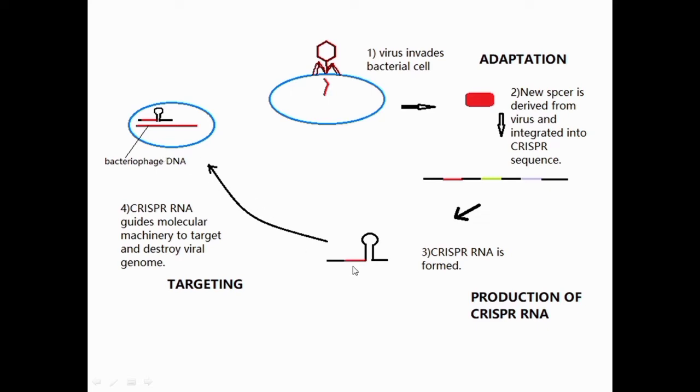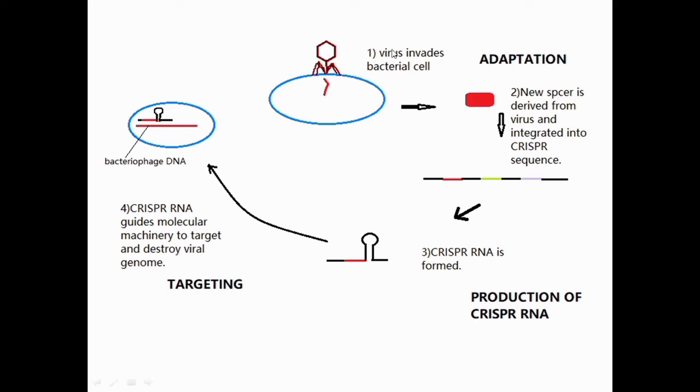So that's why it will show complementarity with the DNA of that bacteriophage, and it will go and bind to that bacteriophage DNA, and with the help of certain types of proteins, the bacteria will destroy this bacteriophage DNA. And as the DNA of the bacteriophage gets destroyed, it won't be able to replicate and won't be able to survive.